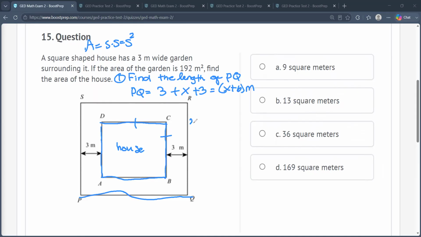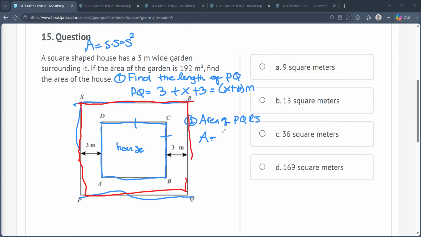The next step I'm going to do is find the area of PQRS. I also think that's a square, so the one I'm highlighting is the area we want to find.